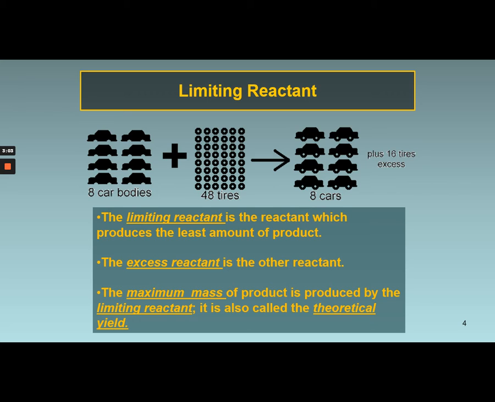The maximum amount of product produced by the limiting reactant is what's called the theoretical yield. And we can actually calculate that using mass-to-mass stoichiometry, just like we've been doing. This is why we talk about limiting reactant now: because now that we know how to do mass-to-mass stoichiometry, we can do theoretical yields.